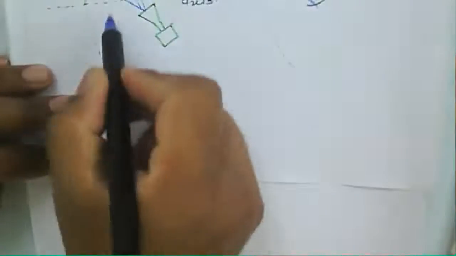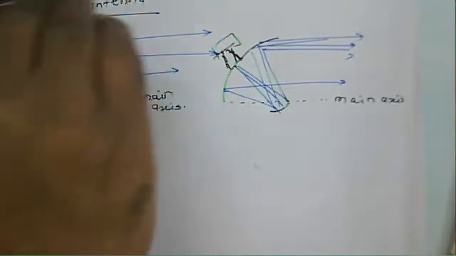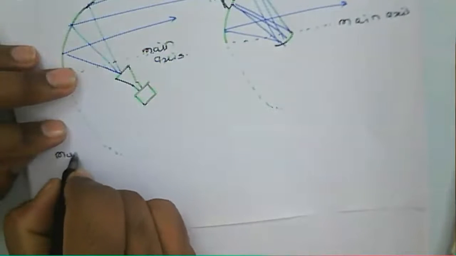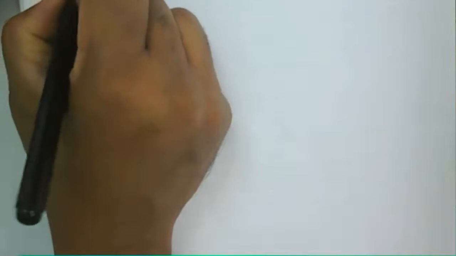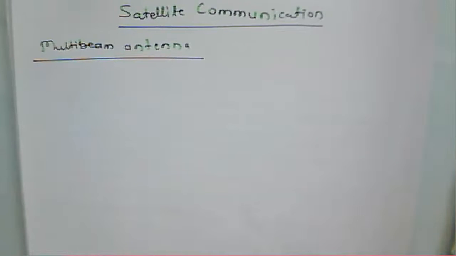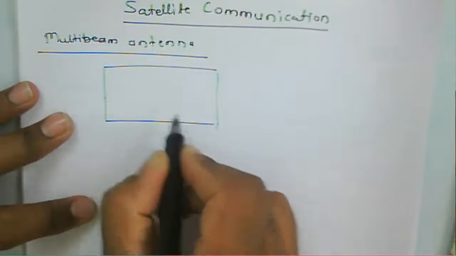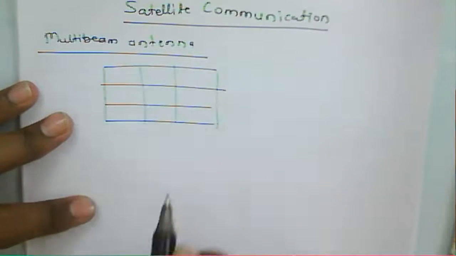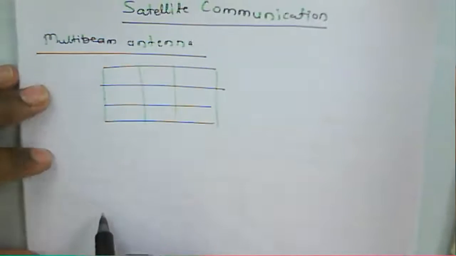Similarly, reflectors are used here. Another case of an antenna is the multi-beam antenna. In that case there are various patches, if it is a microstrip one, and these patches provide the multiple beams.